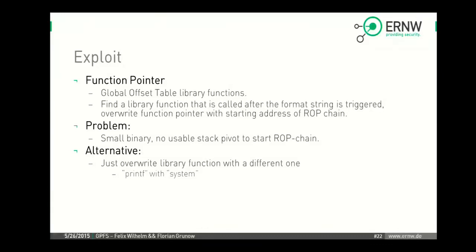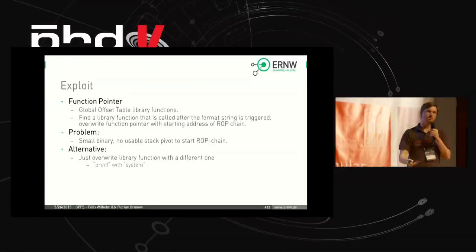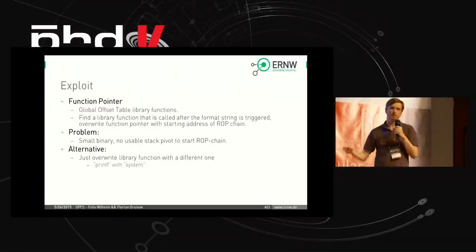The problem is that the binary is quite small and we could not find a usable stack pivot to start our ROP chain. So we were sitting there having problems getting our ROP chain to work. We came up with another idea. We will override one library function with a different one. For example, we will override the pointer to printf with the pointer to system.